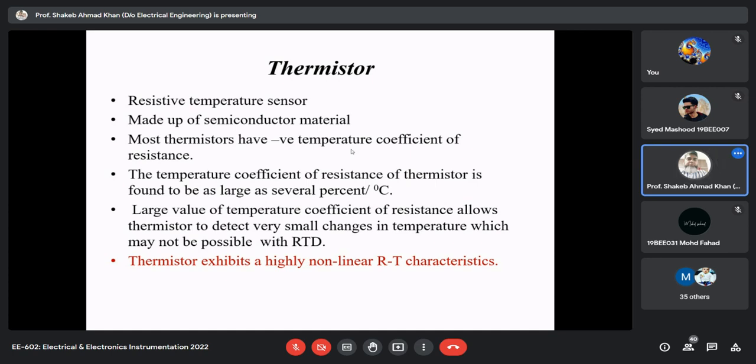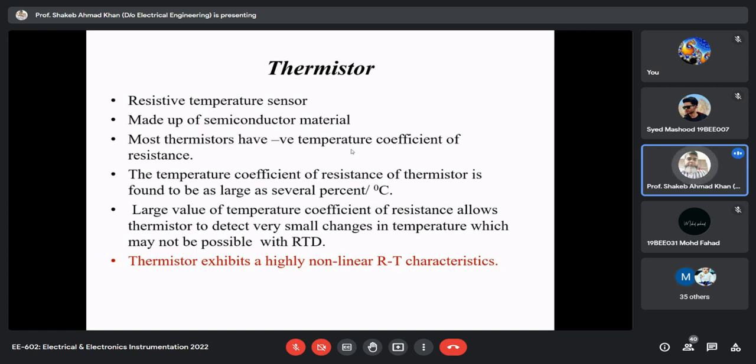When cooling down, fewer electrons are available for conduction, so conductivity decreases. When conductivity increases, resistance decreases, and when conductivity decreases, resistance increases. This material is much more sensitive than your RTD. So this is what a thermistor is, its basic behavior with respect to temperature, and the physics behind it, that I tried to explain.